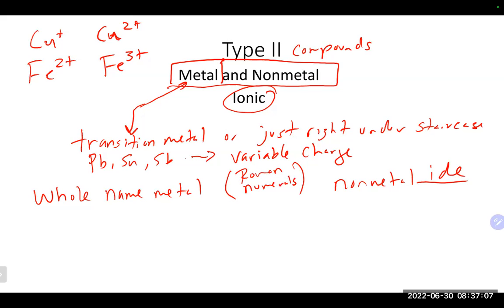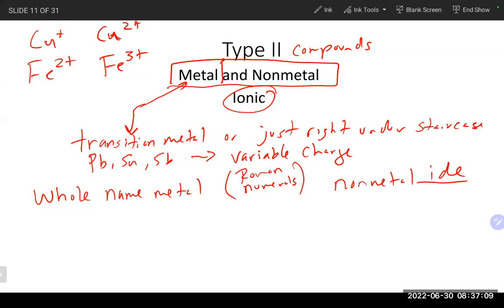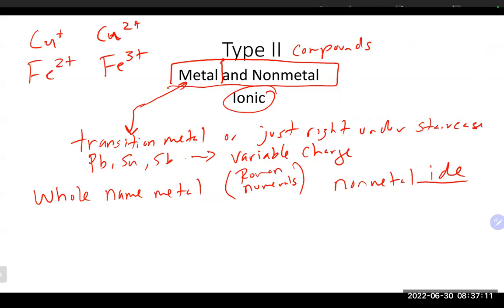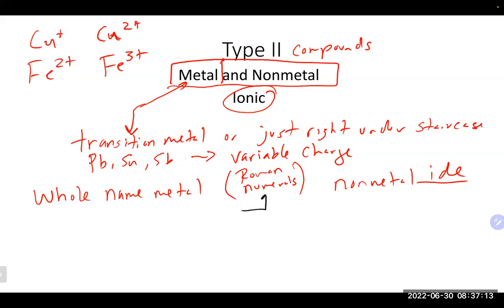We use Roman numerals to indicate the charge on the metal. That's really important. This is the actual charge on the metal, not the total charge, not how many metals there are. It is pretty much what the positive charge would be if you took one of those metal atoms out.